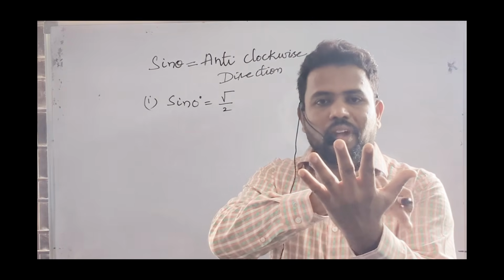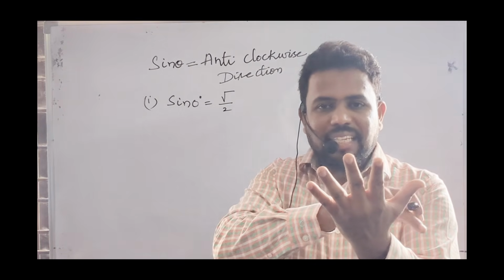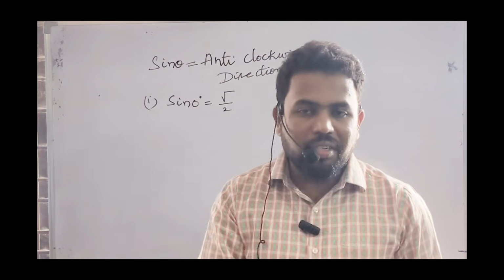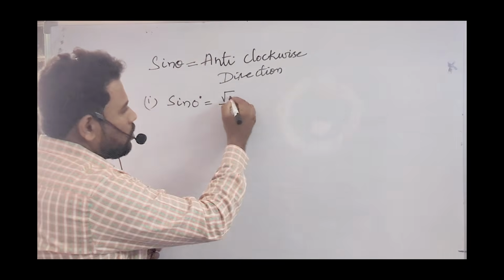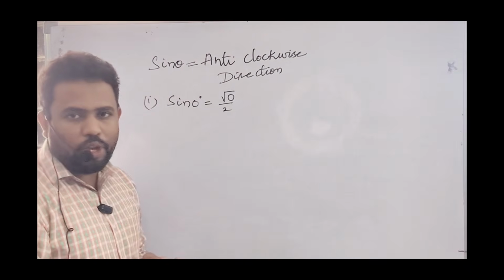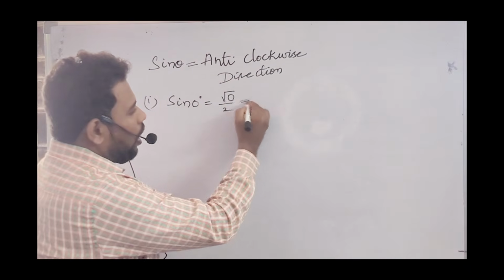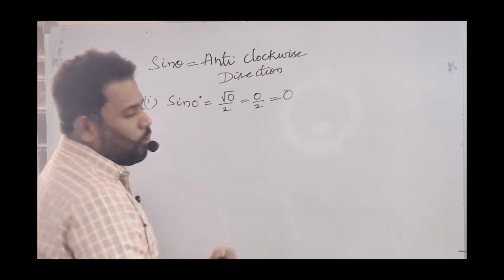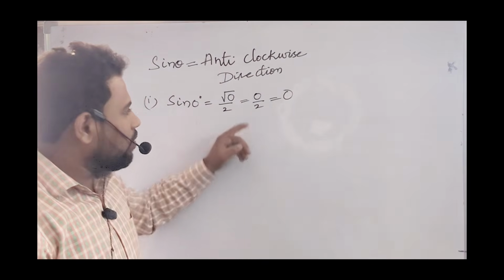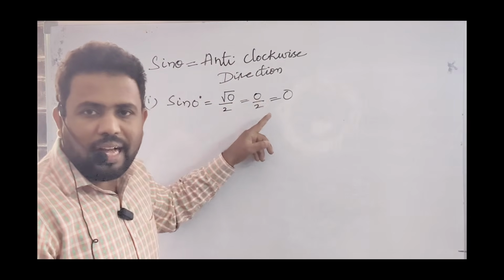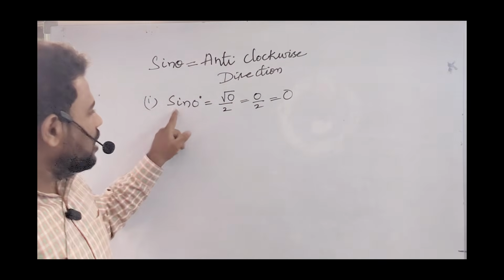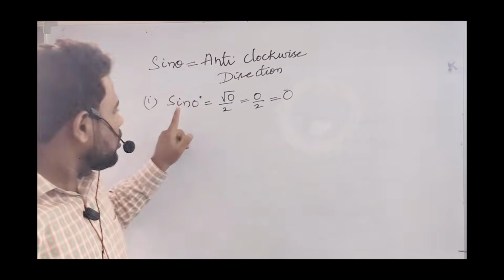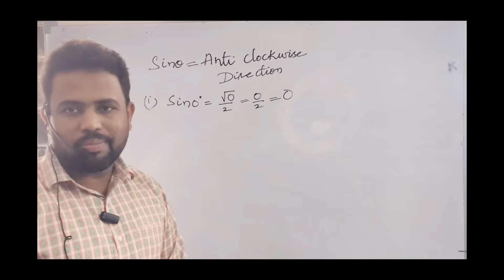No, there is no finger, so mathematically there are 0 fingers. So I am writing 0. Root 0 by 2 is equal to 0. Whenever 0 comes in the numerator, the answer becomes 0. So sine 0 equals 0.